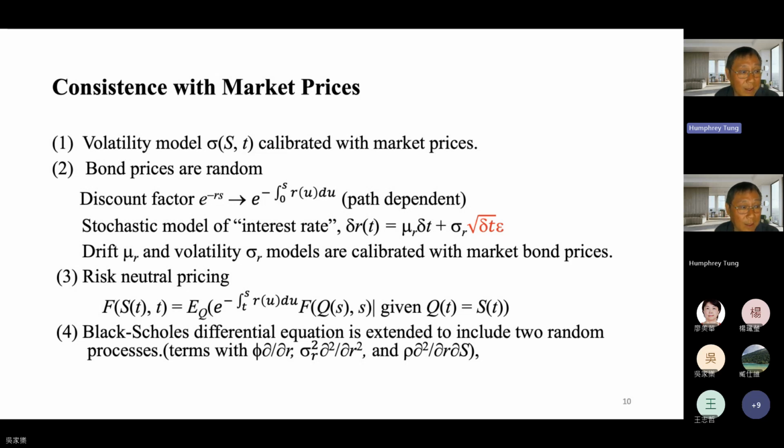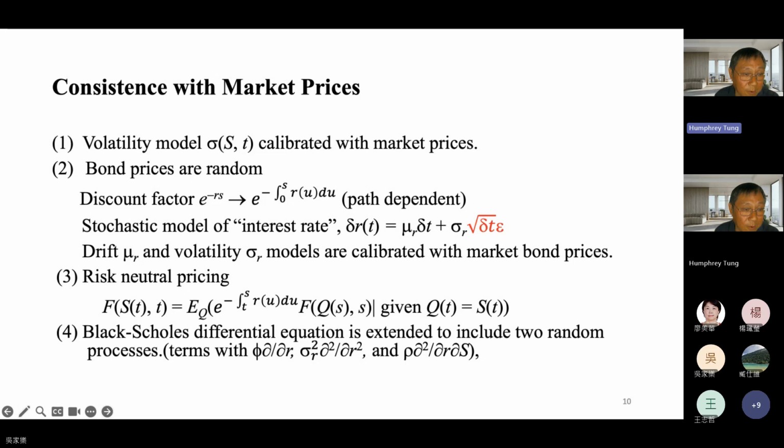But actually, you can have bond prices in the market doing a random walk. If you take the bond price and transform it into an interest rate, you can see the interest rate also does a random walk. Which means the discount factor follows a random interest rate model. You can see the integral.